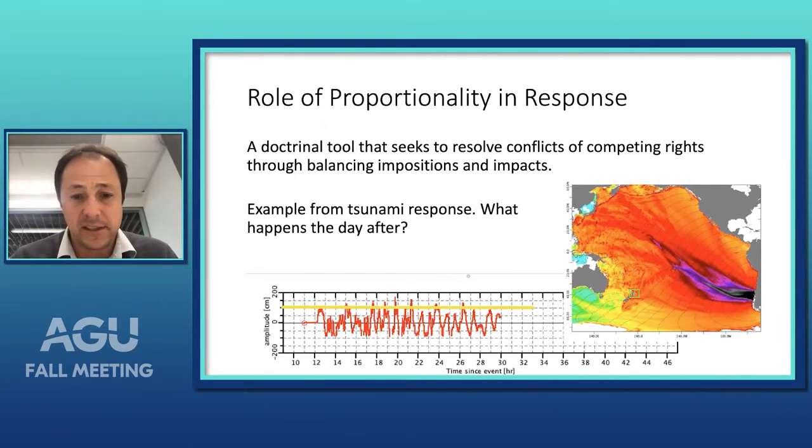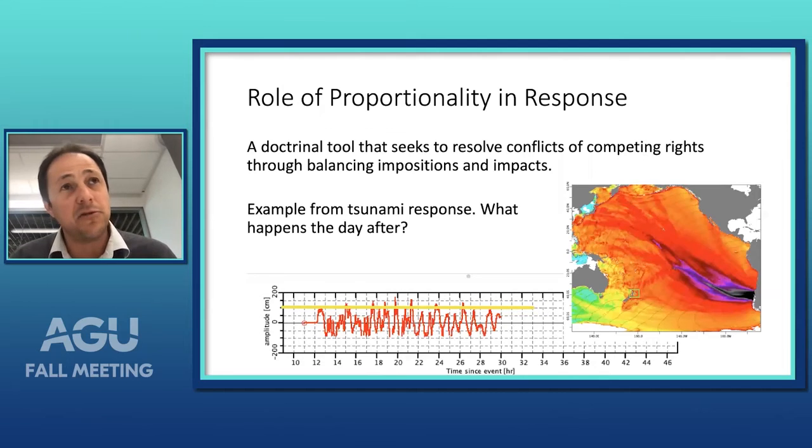A precautionary approach would say, well, we know at least for the first 30 hours or so that we're getting waves above this 1 meter threshold, and who knows how long this is going to continue. This might continue for another 24 hours. So let's just say get everyone away from the coast in all locations for the next 2 days, for example.